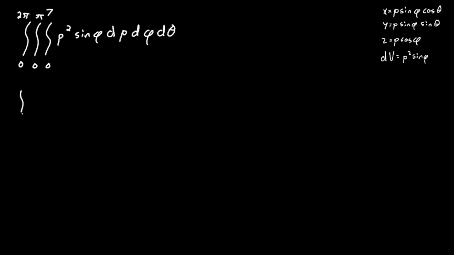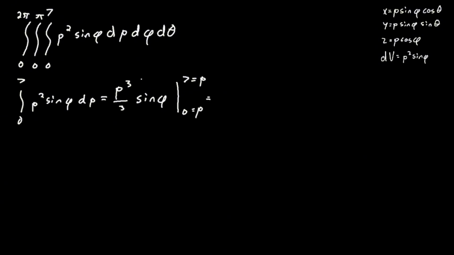So, first things first, we integrate rho squared sine of phi with respect to rho, whatever you call it. And this is just the power rule. So it's rho to the power of 3 over 3 times sine of phi. Since phi is being treated as a constant, it's just a coefficient in this case, so we ignore it.